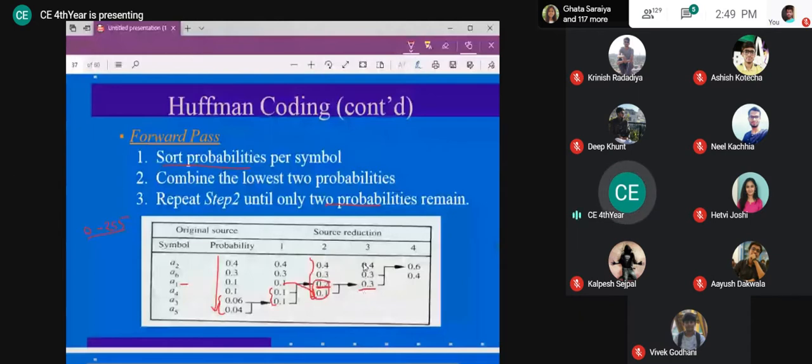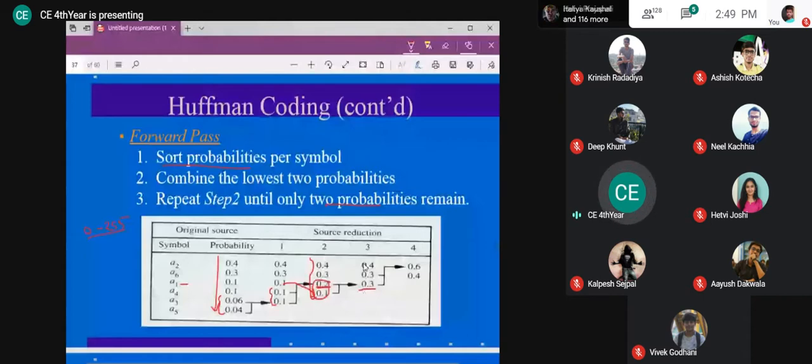Now, what is our next step afterwards? We will start assigning 0 to the higher value and 1 to the lower value. 0 to this and 1 here. Here I assign 0 and here I assign 1.